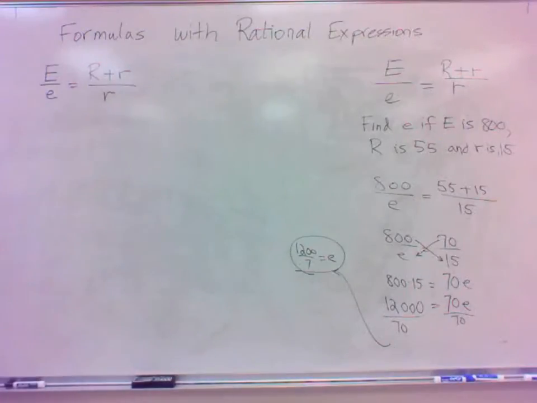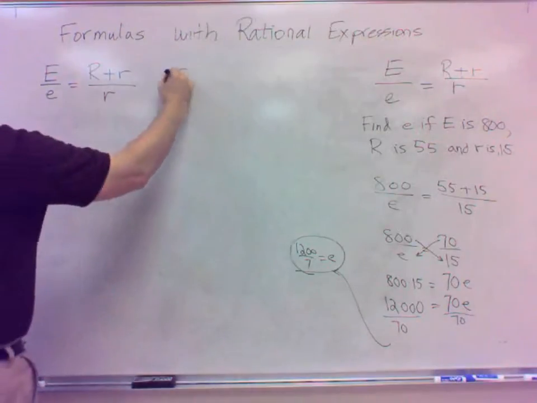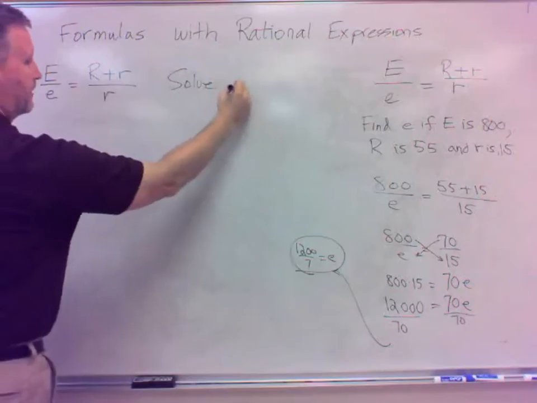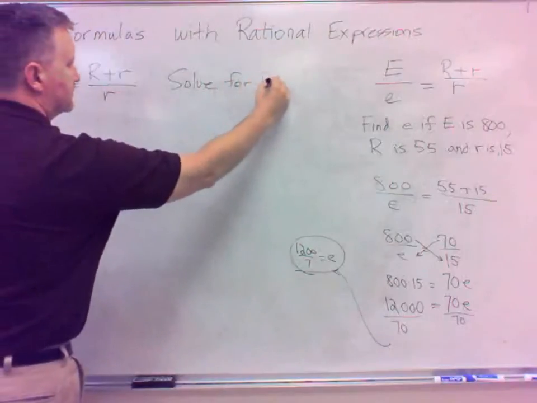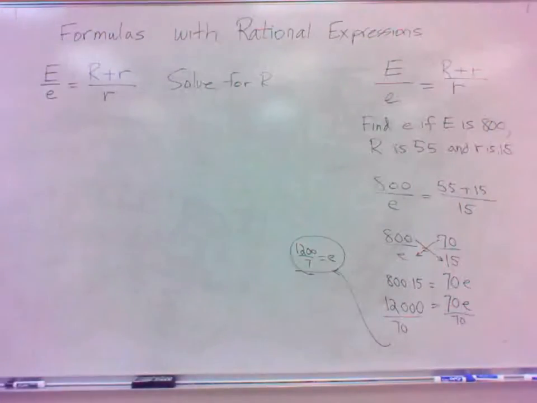However, in this case, I'm not going to give you any numbers to plug in. We're just going to solve for a variable here. We're going to solve for big R. We did a little bit of this previously, but we'll do a little bit more here. Don't have any numbers to plug in. Just going to have to get big R.